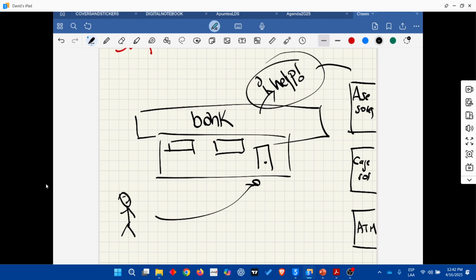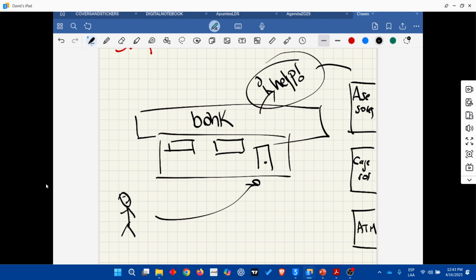The asesores are going to help you to open bank accounts or to obtain some préstamos, créditos, and in the cajeros you will be able to deposit money, withdraw money, pay services, pay credits, and in the ATM you're going to possibly do the same and more things.